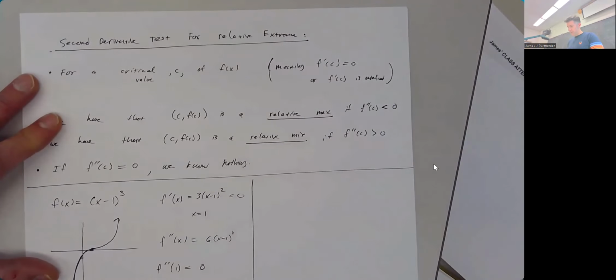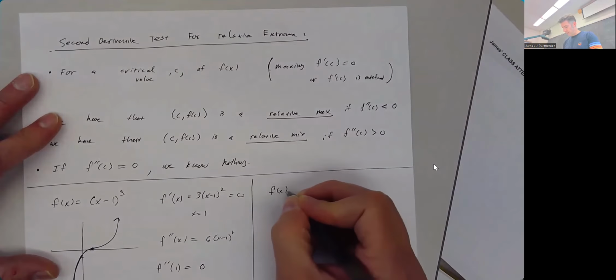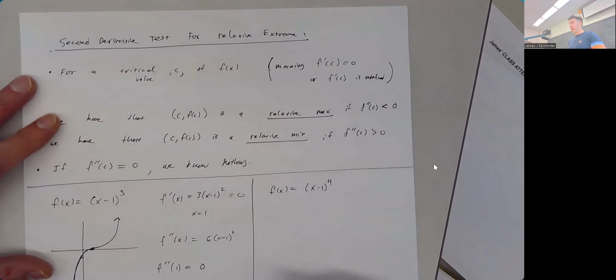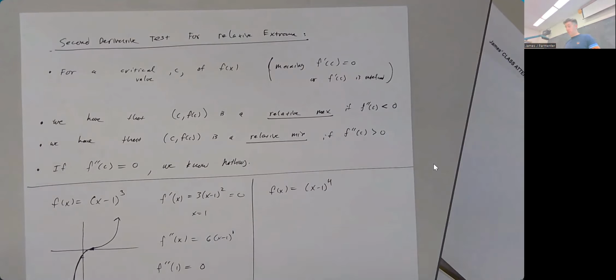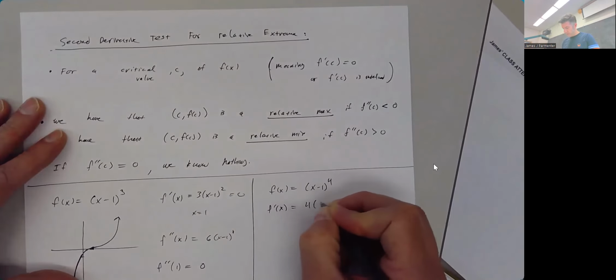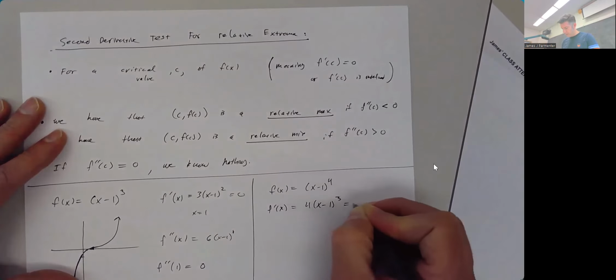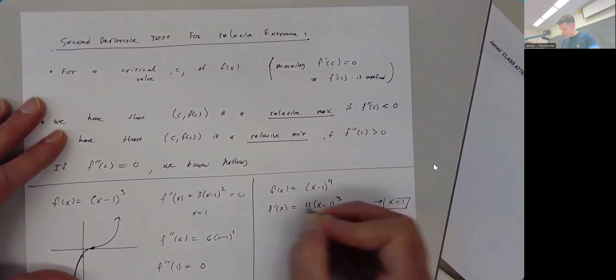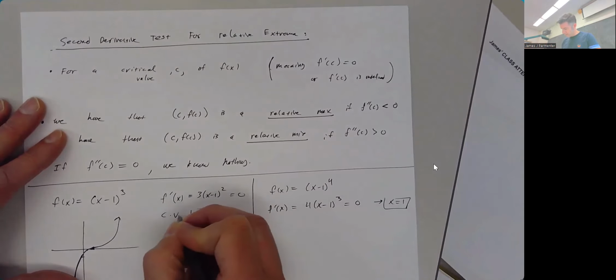But if your function was, say, x minus 1 to the fourth, x equal to 1 is still going to be a critical point. Your derivative is 4 times x minus 1 to the third. Set that equal to 0, you get x equal to 1. That's a critical value.